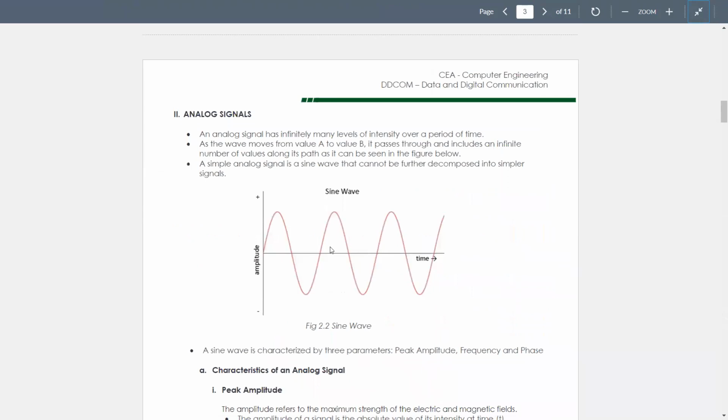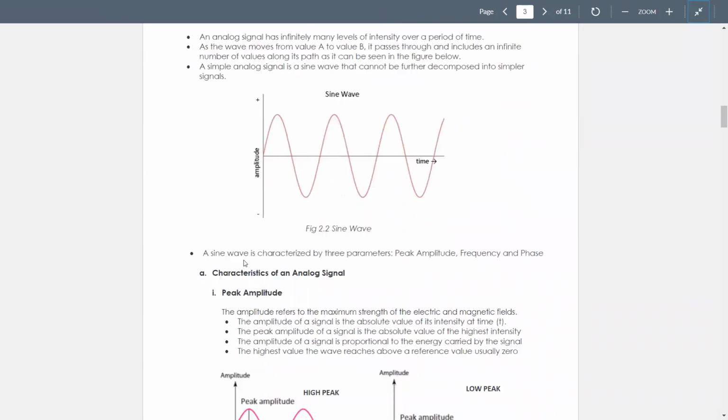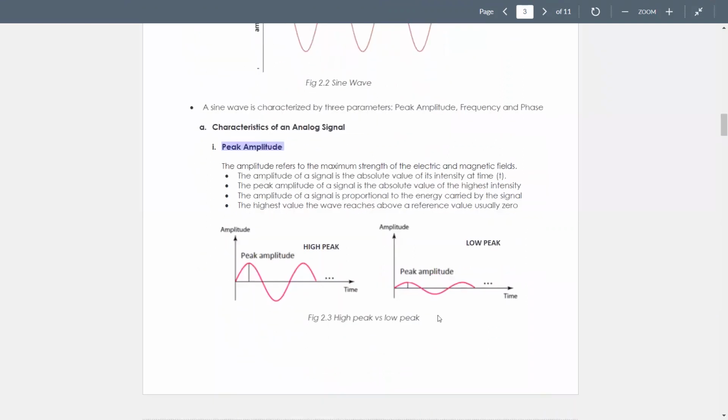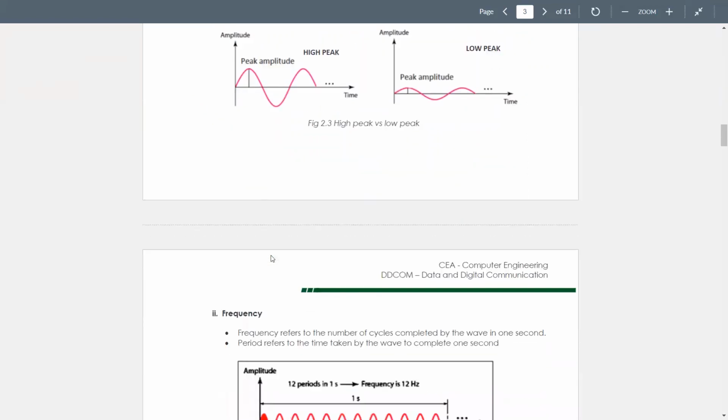Here we have the analog signal and its different characteristics. We have the peak amplitude. I guess you've taken this one in electronics, so this is just a review for you.